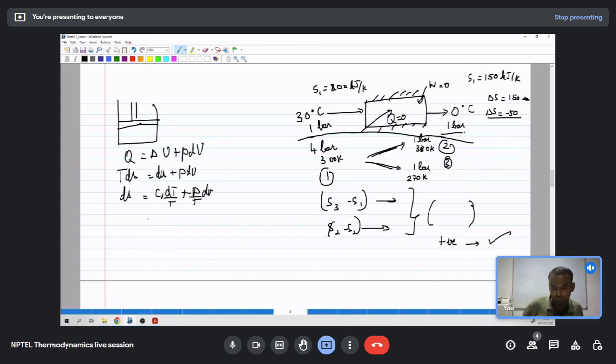So here we will have Cv ln something plus R into ln of something. Sorry, I think it will be R here. And here we will have V2 by V1, something like this. So this expression we will generally use for the non-flow problem, and that is for the flow problem.